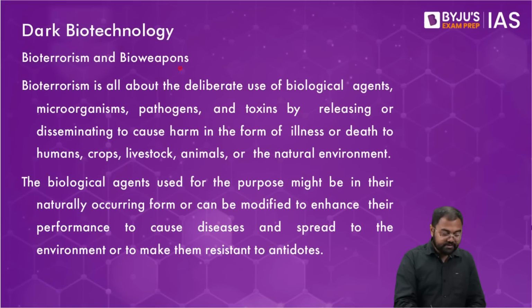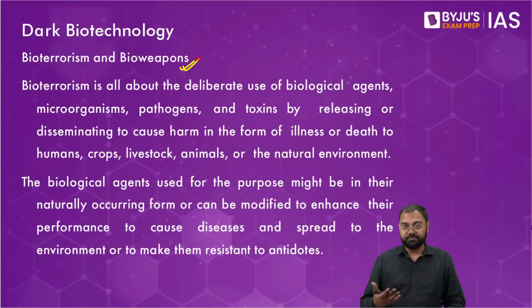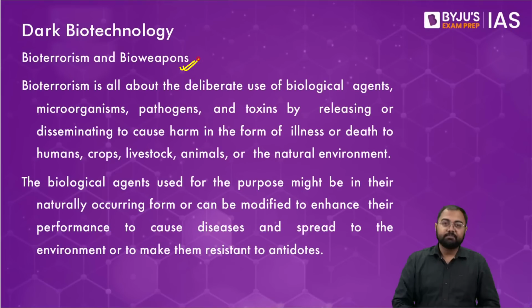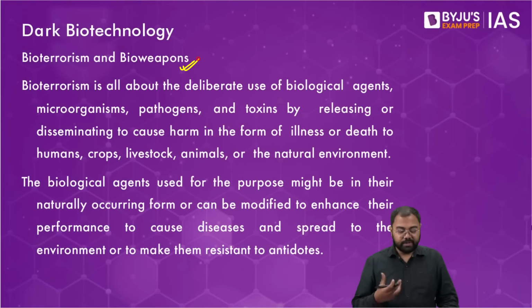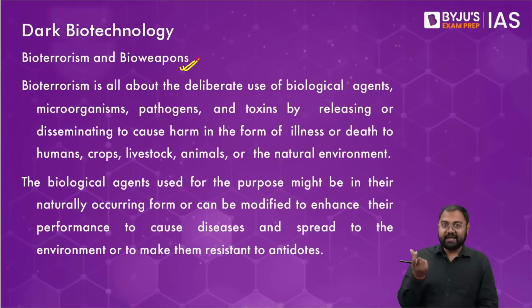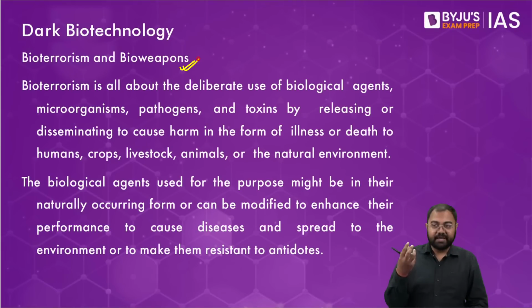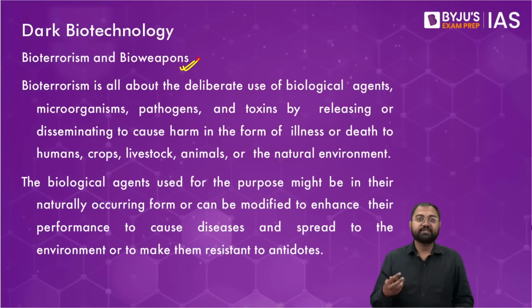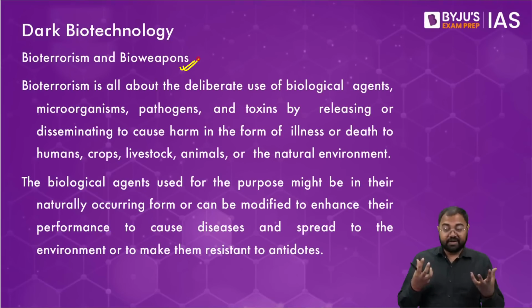For example, when we talk about bioterrorism or making bioweapons, bioweapons is something that we partially discussed in DNA fingerprinting as well. But in case of bioterrorism, what may happen is that some kind of microorganism or pathogen might be unleashed on humans, that might cause death and destruction in the human population, or even against crops. For example, a country like India is hugely dependent on its agriculture.